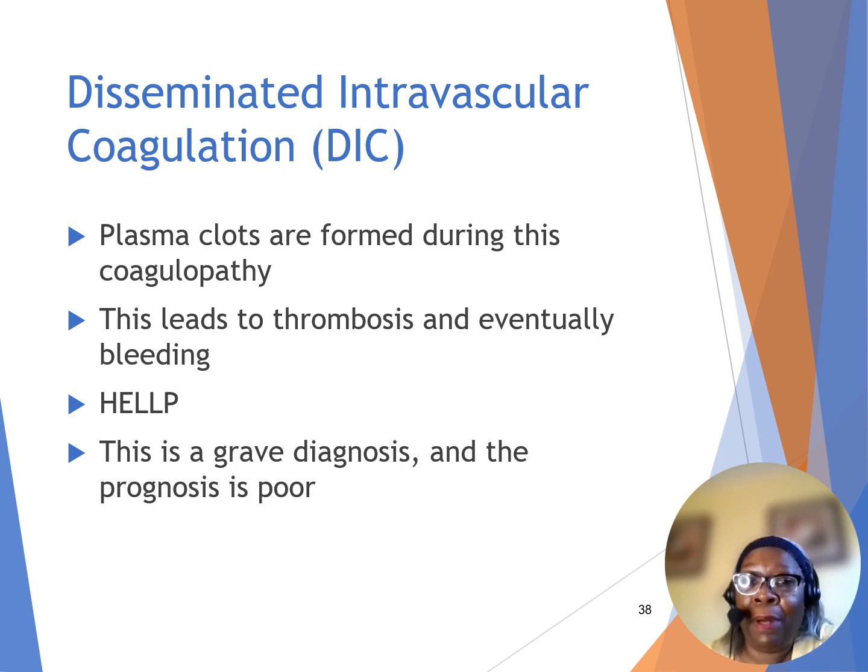They've used up all the platelets. So plasma clots are formed during this coagulopathy. Okay. This leads to thrombosis and eventually bleeding because you're using up all of the platelets. They can't even stop bleeding anymore.